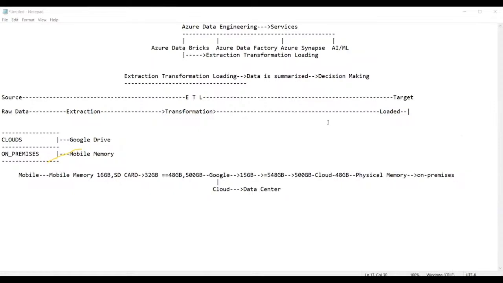For that, many cloud providers have come out to provide support. The following are the cloud providers we have. The first one is Azure. Azure is a cloud provider from Microsoft.